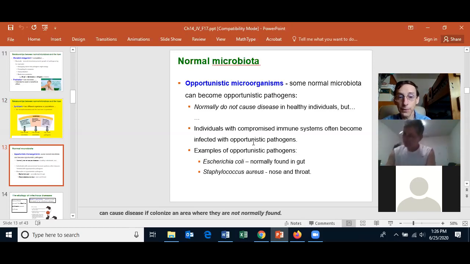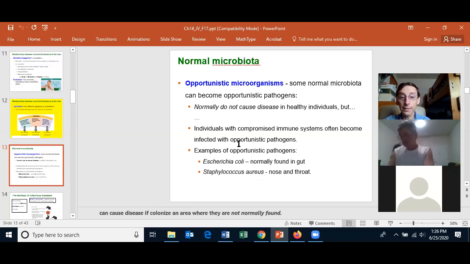Like all of us have a few cells of Candida albicans on our skin, and it's part of our normal microbiota. And that's fine. But if you take an antibiotic that can hit your bacteria on your skin, then the bacteria are not going to compete with the yeast, and you get a bloom of yeast growing on your skin, causing a yeast infection.